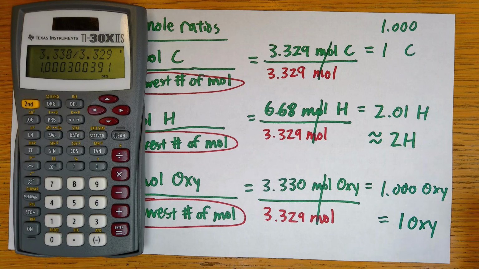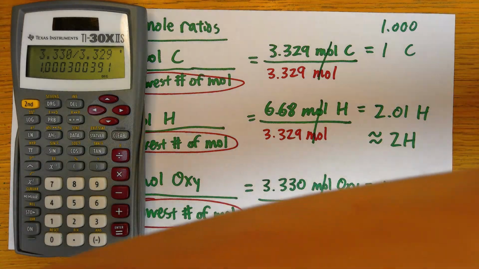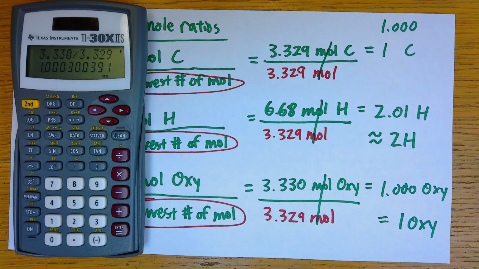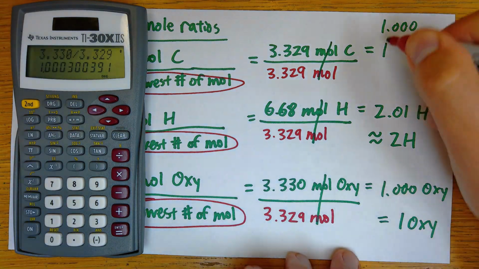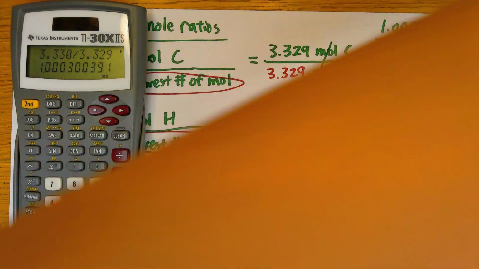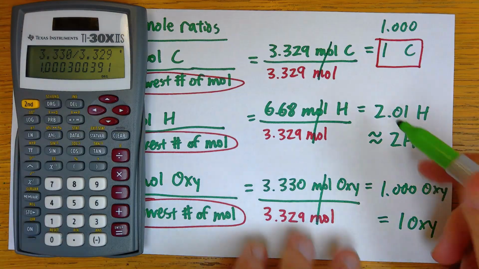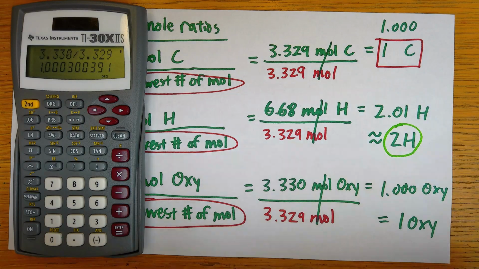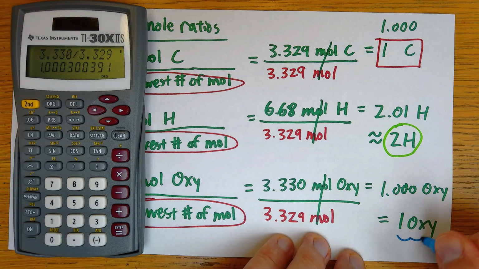So what does this mean? This means we have an empirical formula. I'll put this one in a red box, this one in a green circle, and this last one in a blue fluffy cloud.